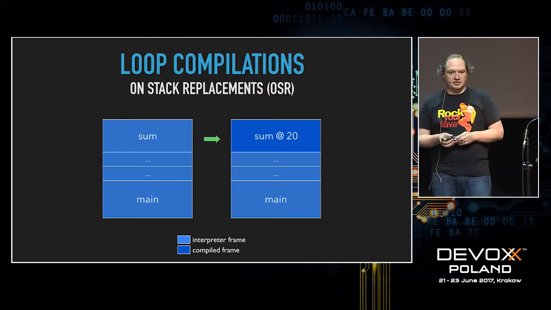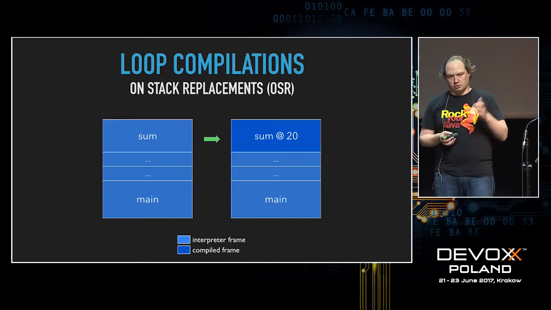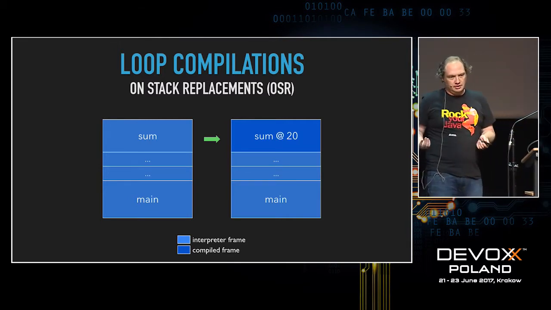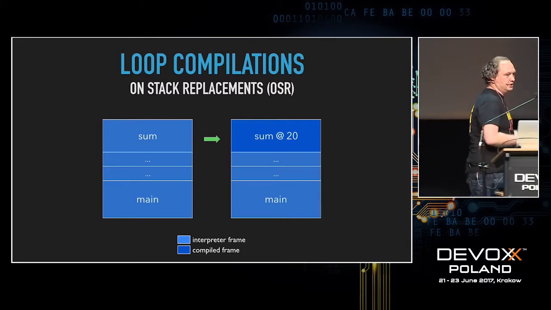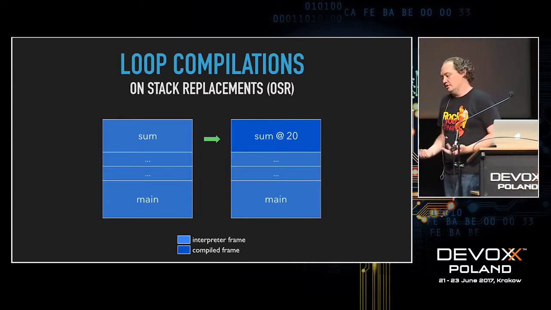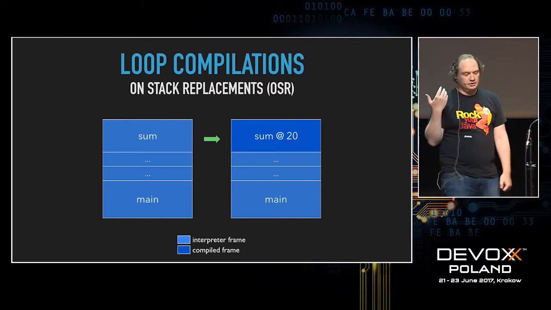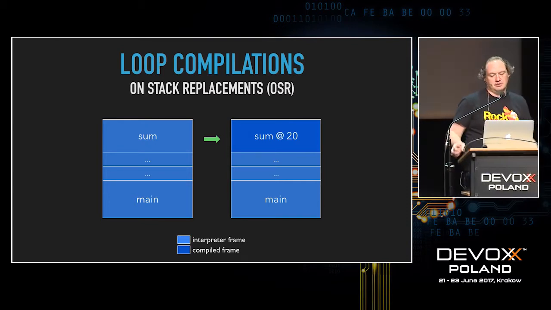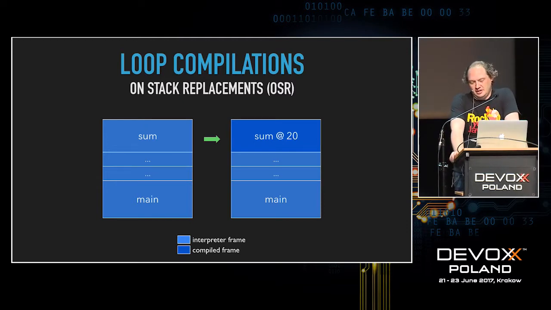There are a lot of situations like the run of a runnable for a thread where that thing gets called once per thread. If we're only going to compile things that have been called a lot, it would never qualify. So there is also this thing called a loop compilation, or what it's actually called is on-stack replacement, which is a crazy sounding term, but basically the reason the term is what it is, we're already running this method. We're running sum.